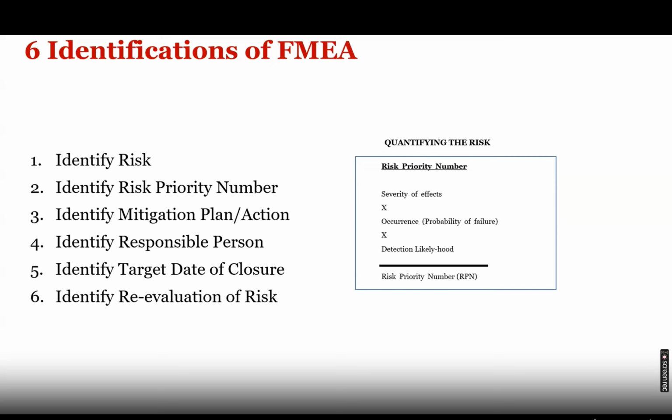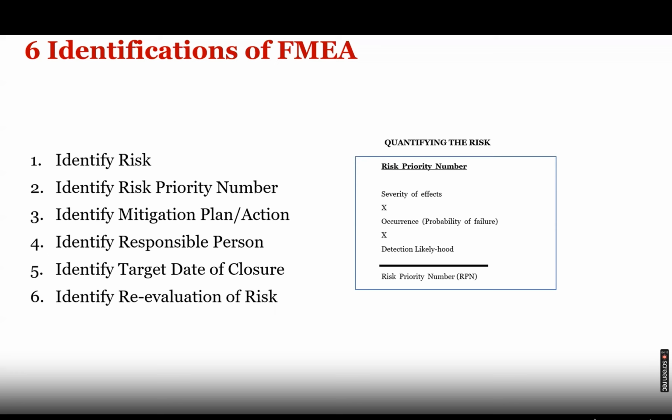Ideally, the severity, occurrence, and detection should be rated in a range of 1 to 10, where 8, 9, 10 are the highest severity, highest occurrence, or highest detection rating. So ideally, the maximum rating can be 10, 10, 10. An RPN in that case will be 10 times 10 times 10, which is 1,000.